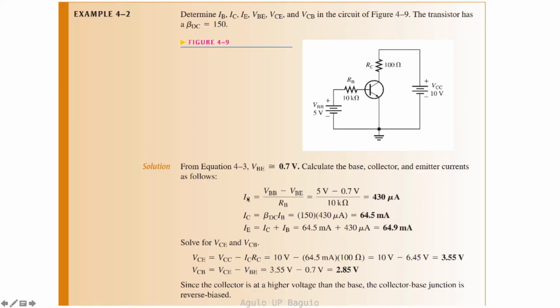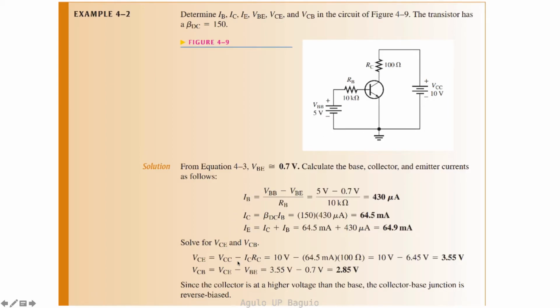So now that we know these three currents, we can solve for the collector emitter voltage and the collector base voltage. The collector emitter voltage is just equal to VCC minus the voltage at this point, which is ICRC, the voltage across this resistor.